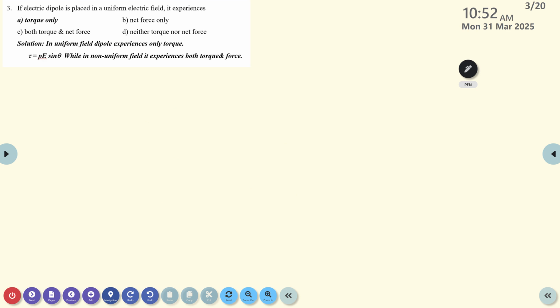Next, if an electric dipole is placed in a uniform electric field, only torque acts on it. That you know. In a uniform electric field, I told you several times, there are two motions.